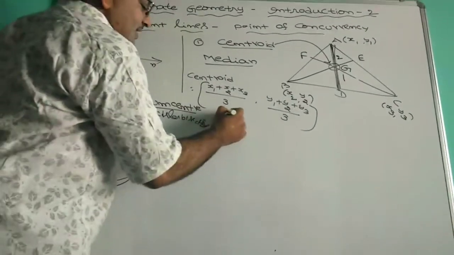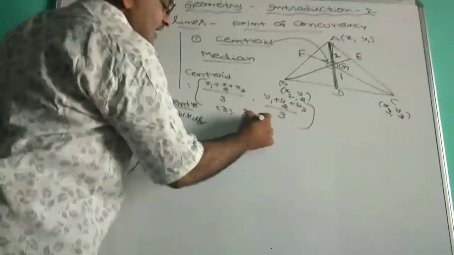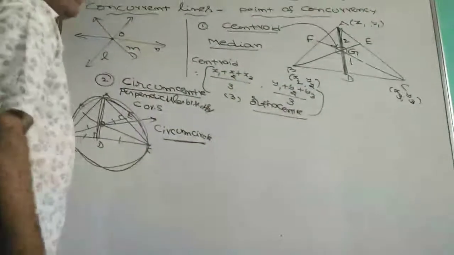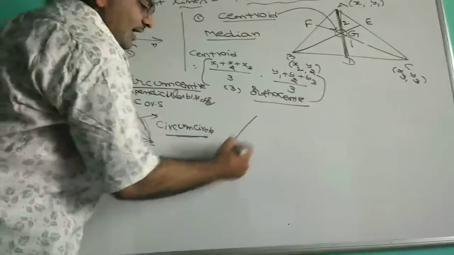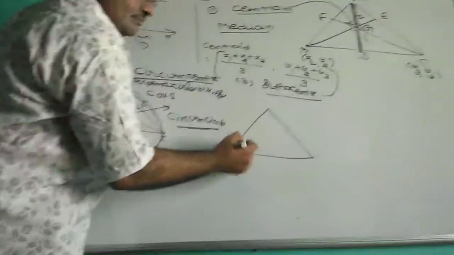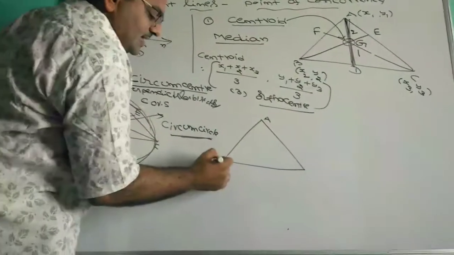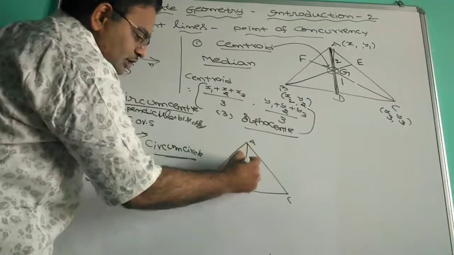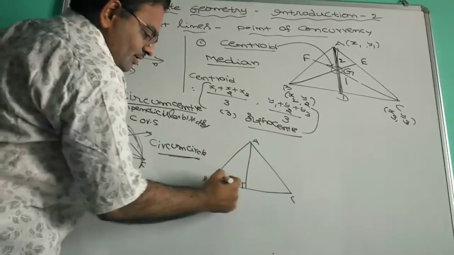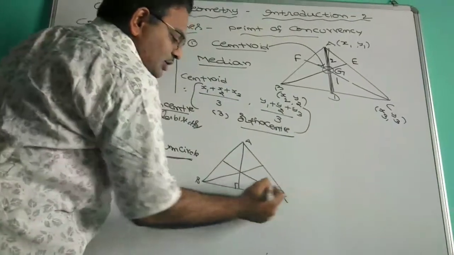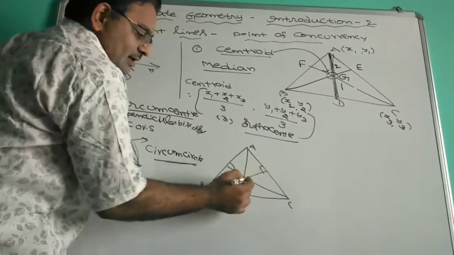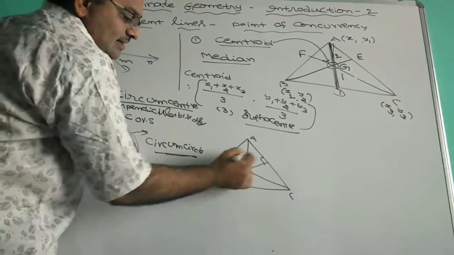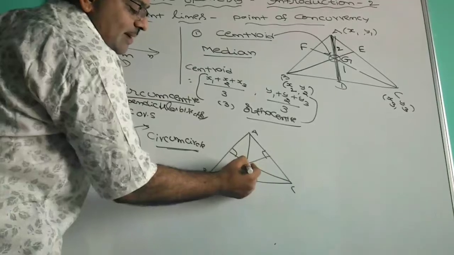Now the third one is the orthocenter. In a triangle, ABC is a triangle. Draw the altitudes. If you draw the altitudes to the opposite side from the opposite vertex, then the three lines pass through the same point.